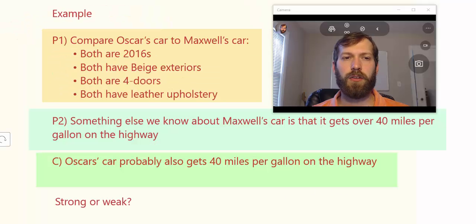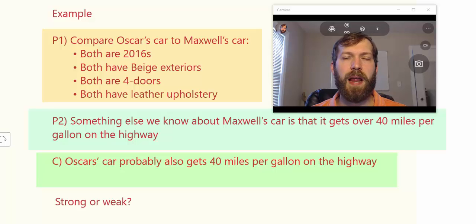So let's take a look at this example of an analogical argument. We're comparing Oscar's car and Maxwell's car, and we find out that both cars came out in 2016. They both have beige exteriors, both are four doors, and both have leather upholstery.